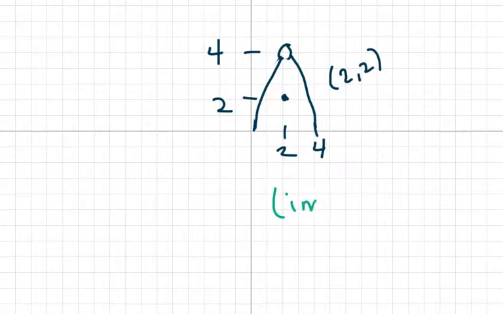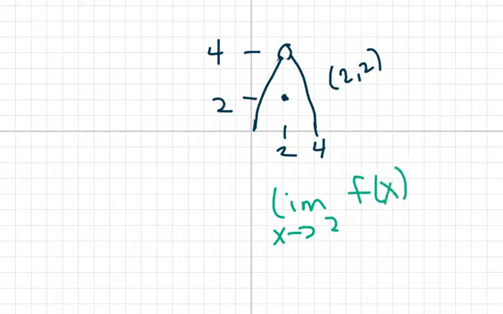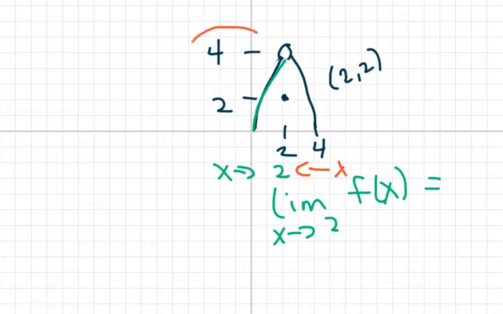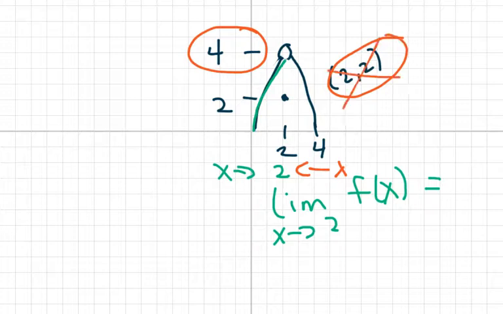Okay, the next one, same thing. The limit as x approaches 2 of this f of x equals 4. So x approaches 2 from the left and approaches 2 from the right, we come up with 4. Again, this part doesn't matter. That's just a point.